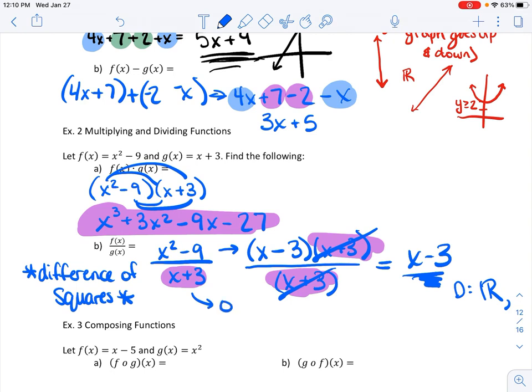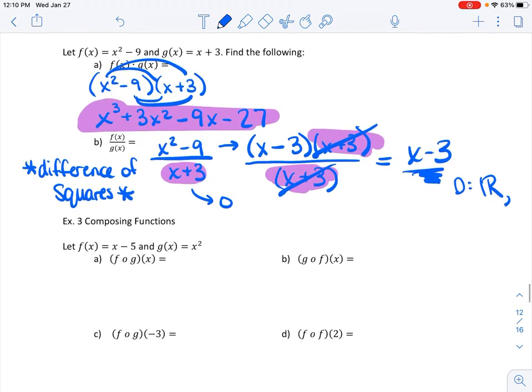You cannot divide something by 0. So it is all real numbers except where x equals -3. So x cannot equal -3. So that would be your domain of this problem. It does look like, since it's linear, it would be all reals, but we have that one stipulation if you plug in -3.